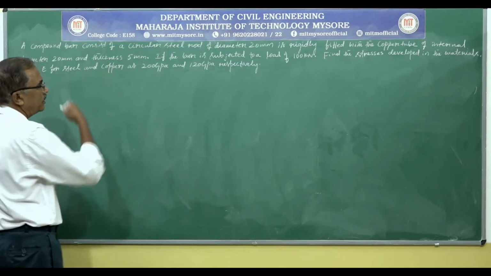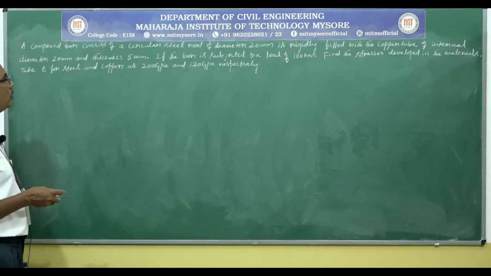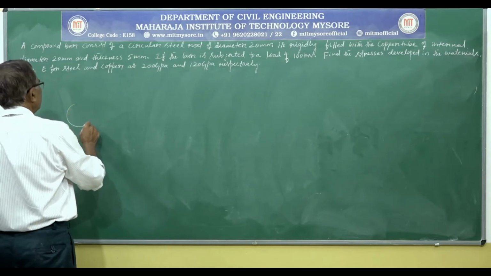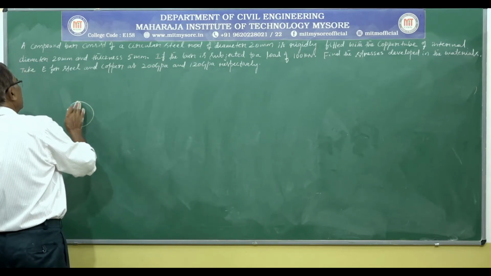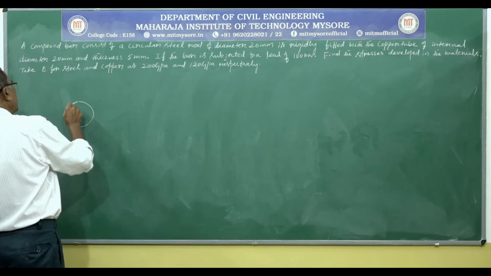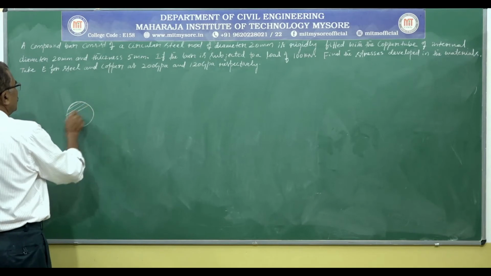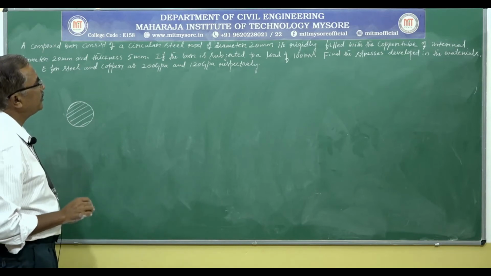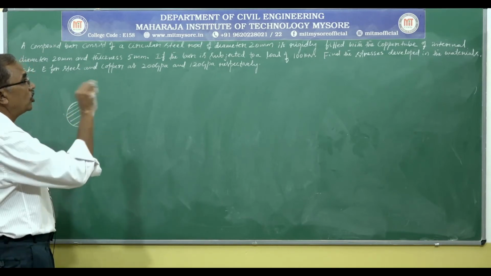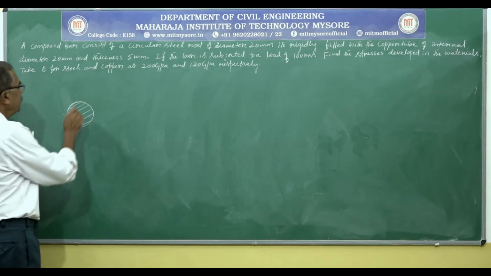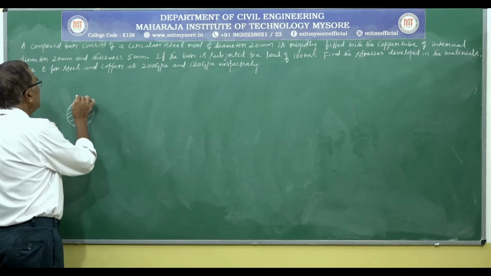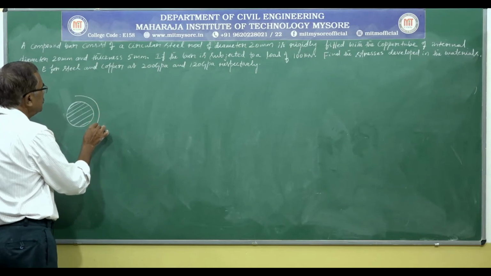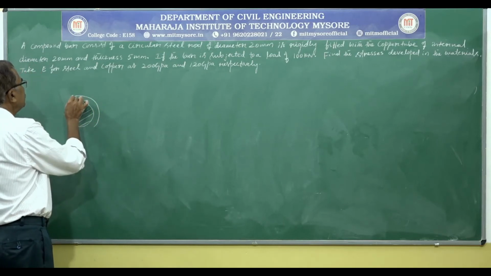Now let us consider the cross sectional dimensions of the bar and tube. A steel rod of diameter 20 millimeter is rigidly fitted with the copper tube of internal diameter 20 millimeter and thickness of 5 millimeter. So the thickness of the copper tube is 5 millimeter.